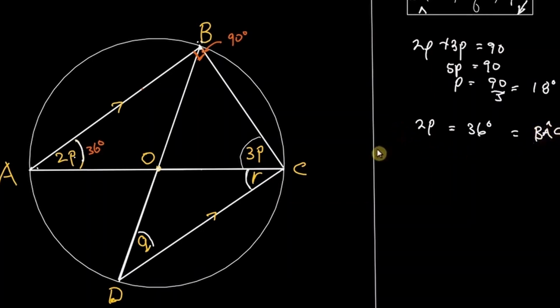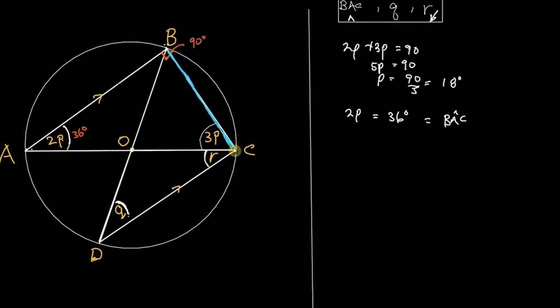The next angle we need to find is angle Q, which is this angle down here. Now, if you notice that angle Q and angle 2P are the same angles because angles in the same segment are equal. Notice that from chord BC, we have an angle in this segment, BAC, and therefore we can say that BAC is equal to BDC because angles in the same segment are equal.